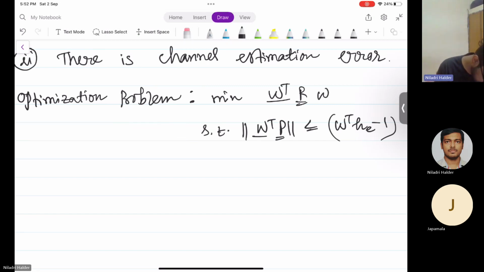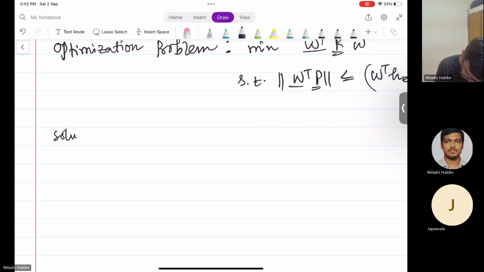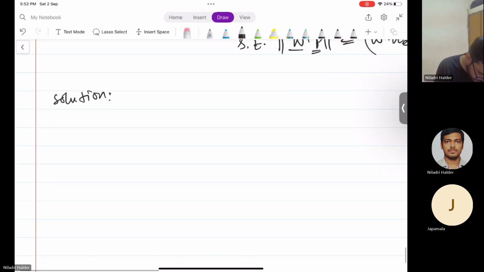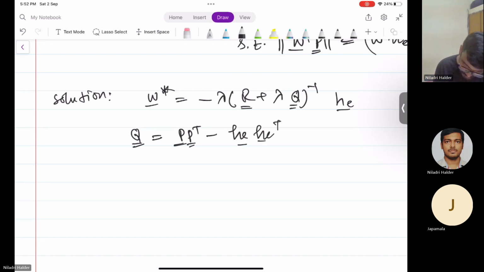Okay, so this is the optimization problem. The solution W star will be minus lambda (R plus lambda Q) inverse times H_E, where Q is equal to P transpose minus H_E transpose.